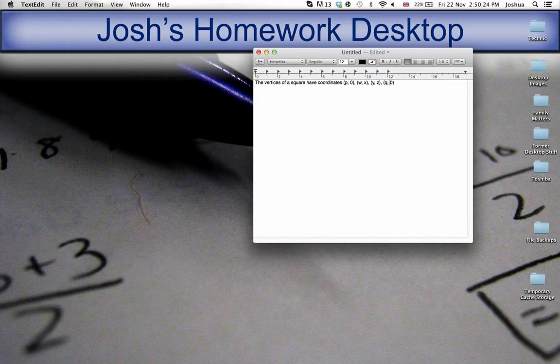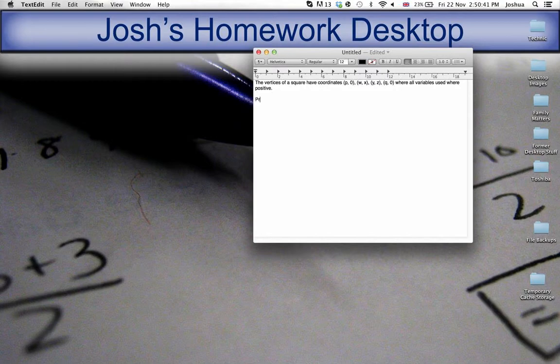So these are the coordinates of a square, guys. The vertices of a square have coordinates, yep, where all variables used are positive. Hooray!